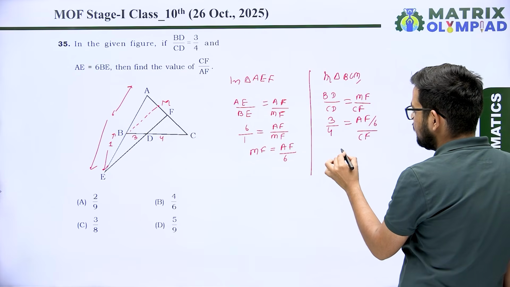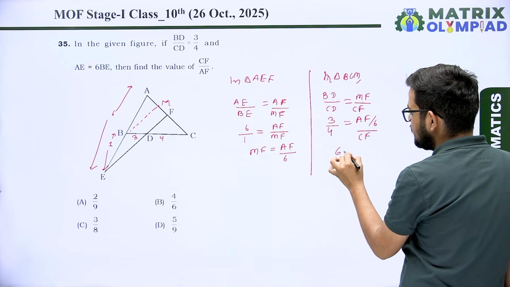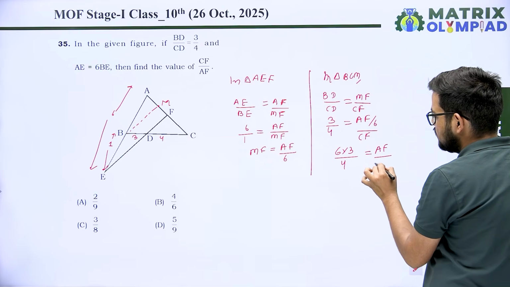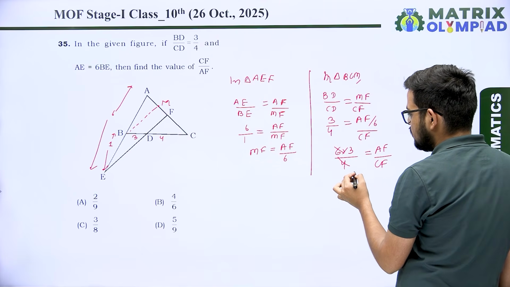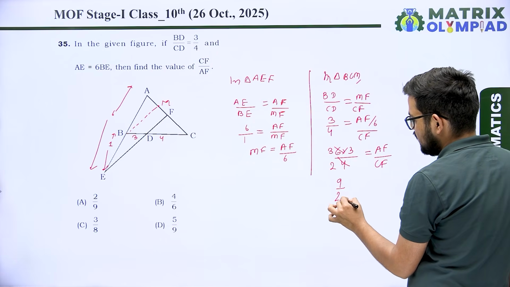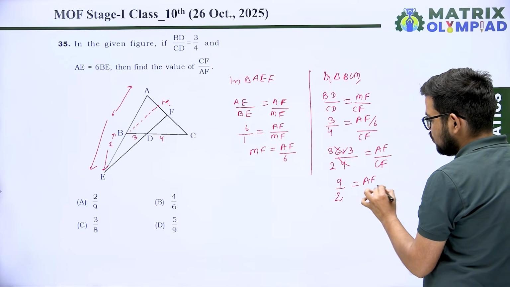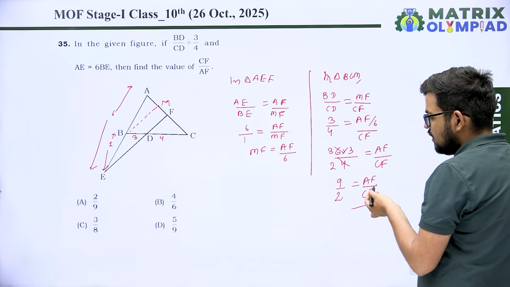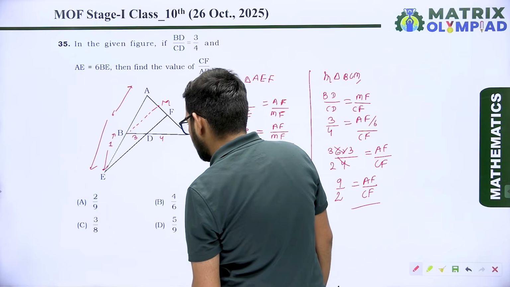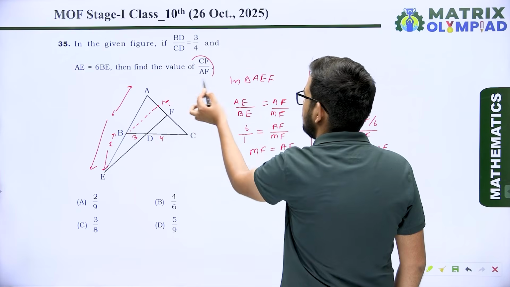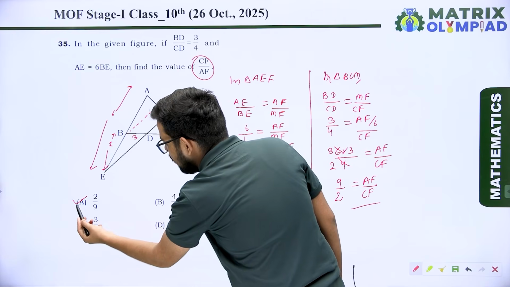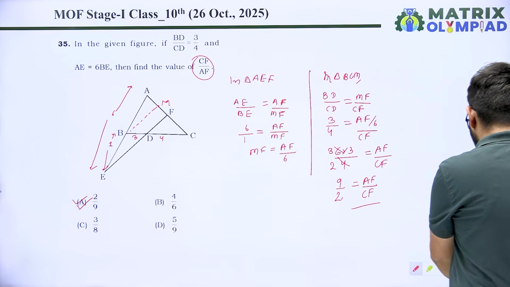So AF upon CF will be 6 into 3 upon 4, which is 9 upon 2. So the ratio of AF and CF will be 9 upon 2. But we were asked CF upon AF. So CF upon AF will be 2 upon 9. Option A will be the correct answer.